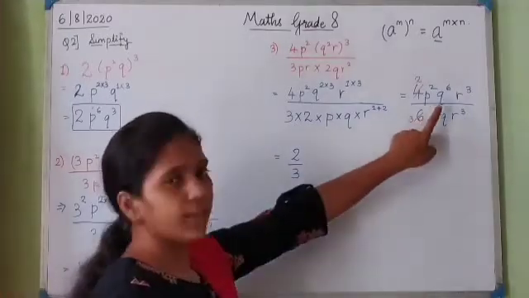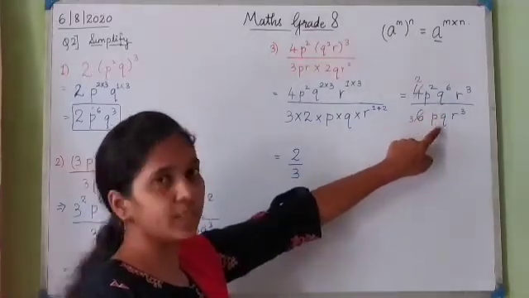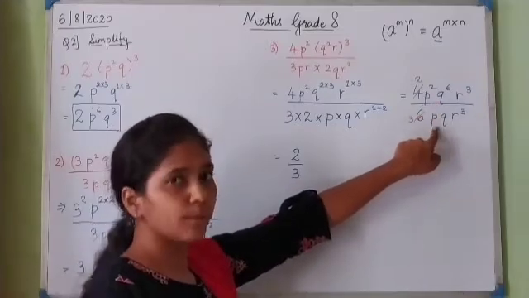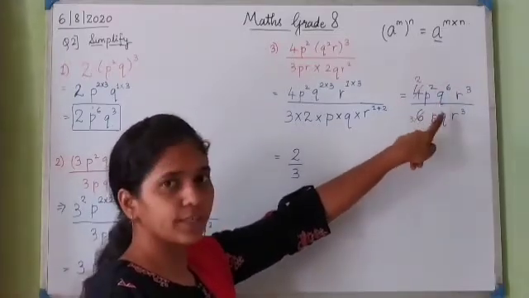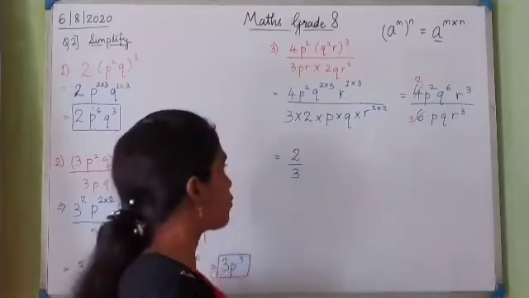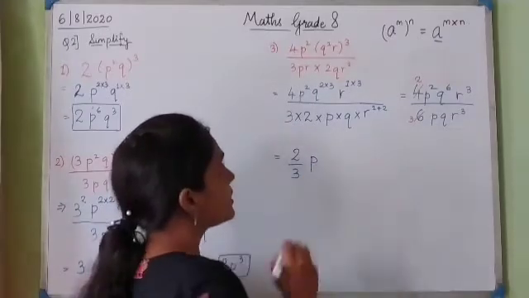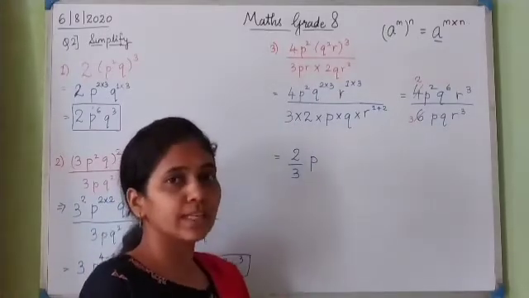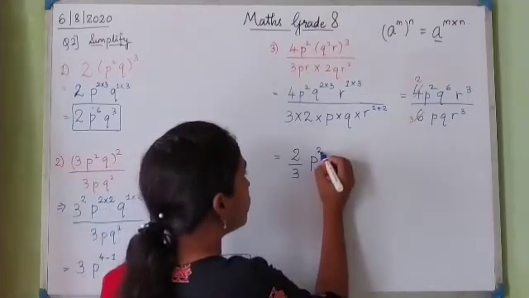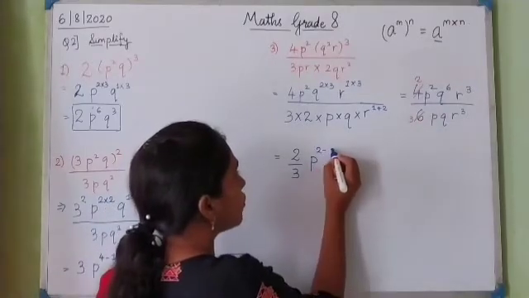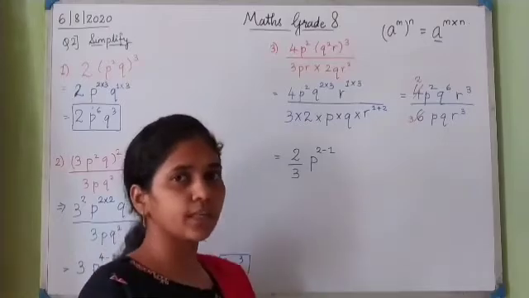Then there is one base which is common, p and p. Okay. So p is common base and their powers are different and both of them are divided. So what the powers will be? The powers will get subtracted. Okay. So it will be 2. The power of the numerator is 2, 2 minus power of the denominator 1.